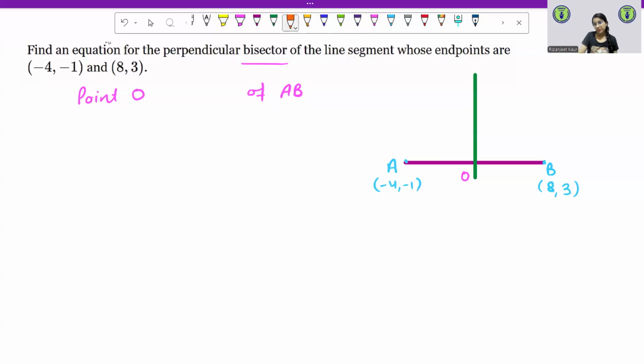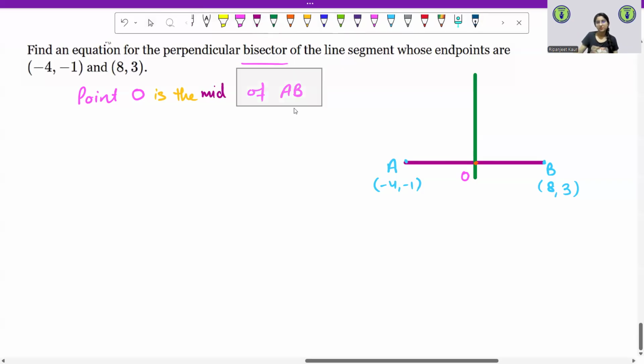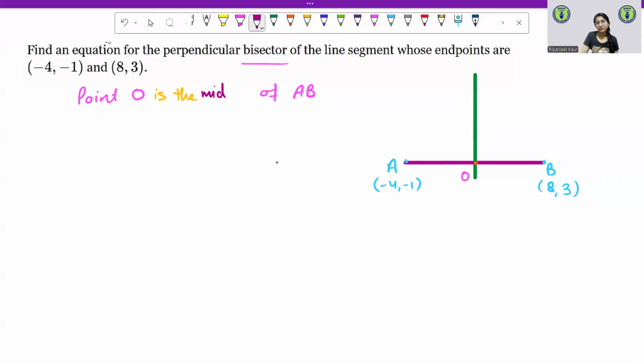Is it in the middle of the line? Yes. If a point is in the middle of a line, what is the point called? It's a point and it's in the middle.